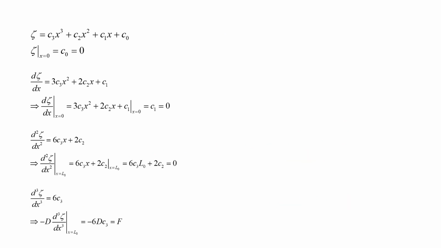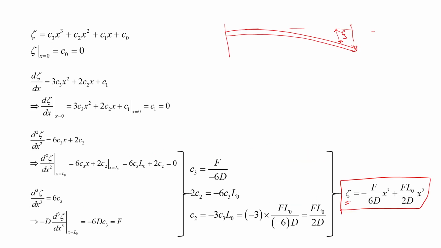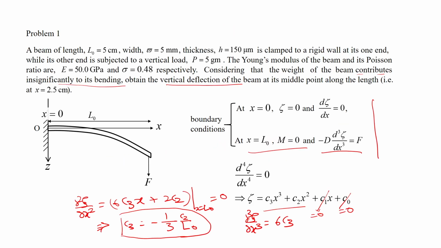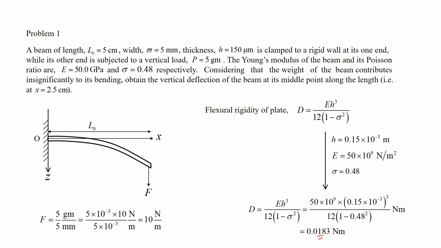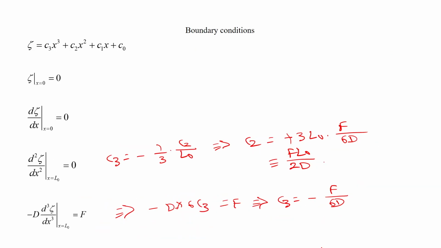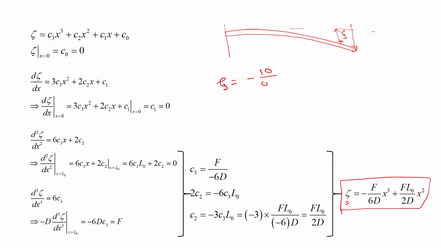So, here what I need to do is find out the deflection at x equal to 2.5 centimeter, given all these expressions. Therefore, zeta will be equal to minus, now F is 10 Newton per meter, which I have already obtained, and D is 0.0183 Newton meter, and this is x cube.